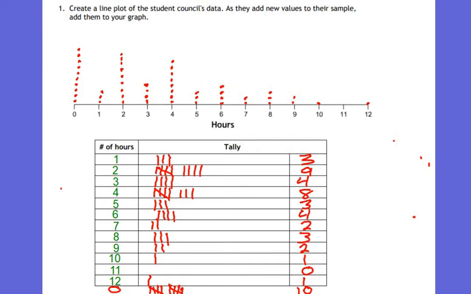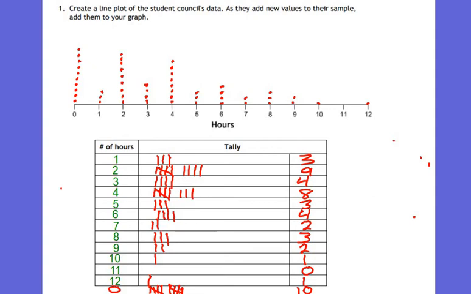So, the line plot, am I able to tell a little better than the tallies where it's kind of heavier, where it's most popular? 0 is the most popular, but is the right side of the graph or the left side the most popular?